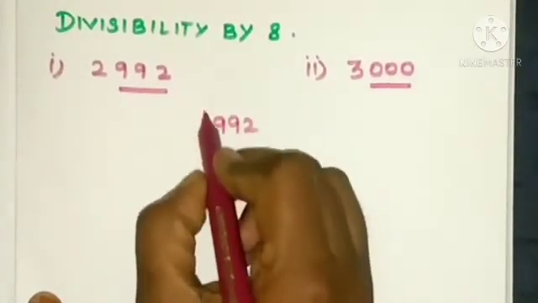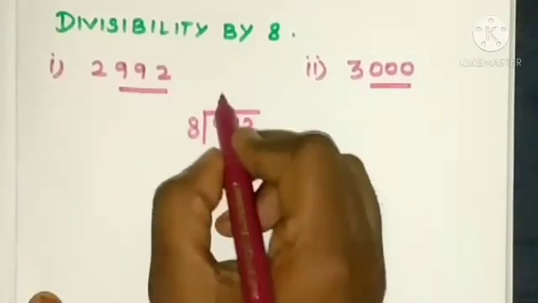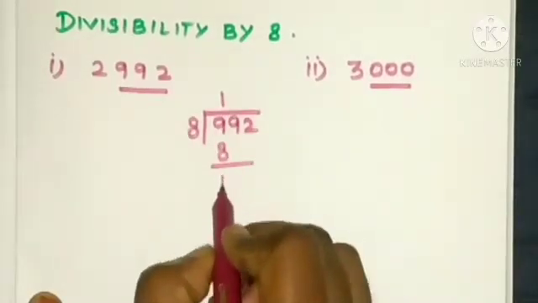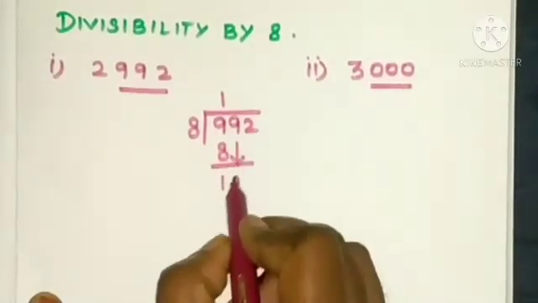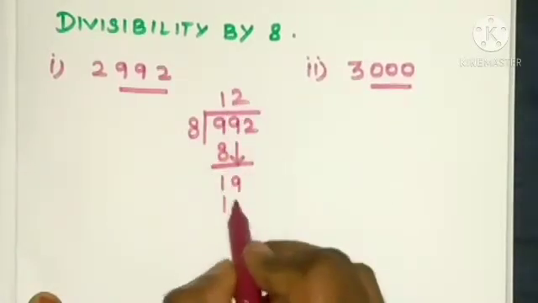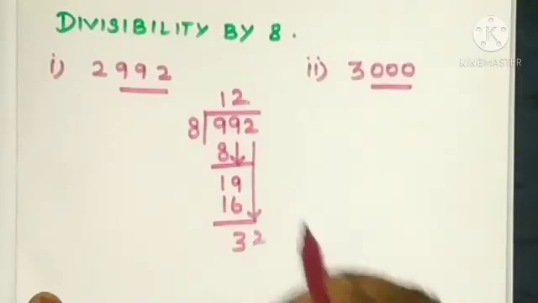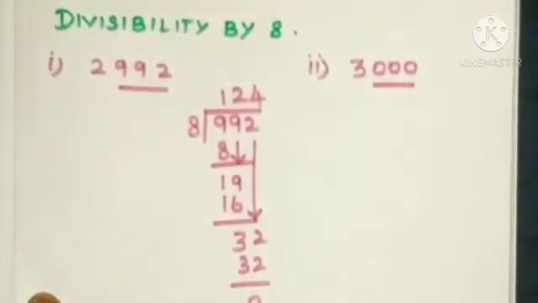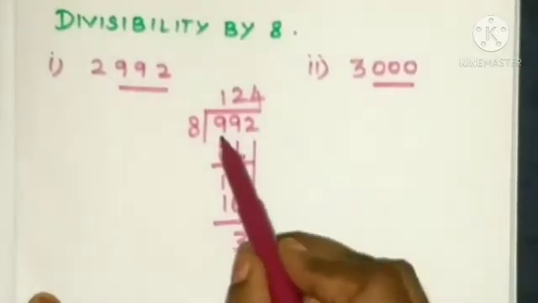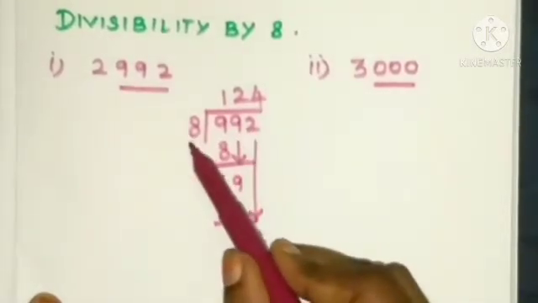Is 992 divisible by 8 or not? 8 ones are 8, remainder 1. Then 8 twos are 16, remainder 3. Then 8 fours are 32. Your remainder is 0. So 992 is completely divided by 8.